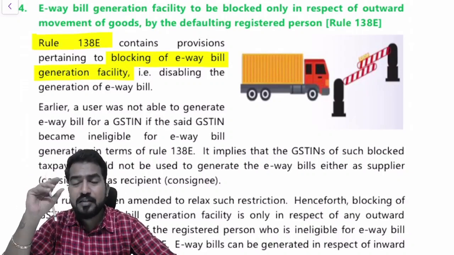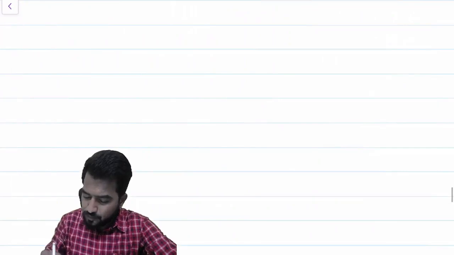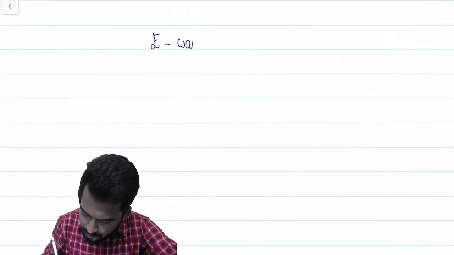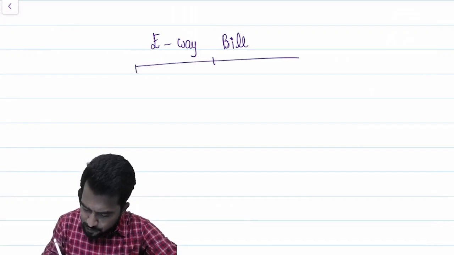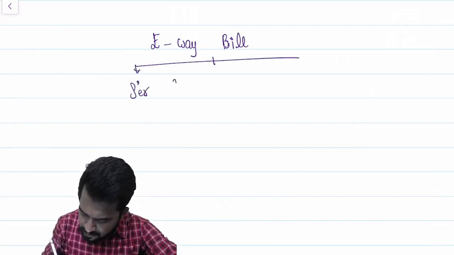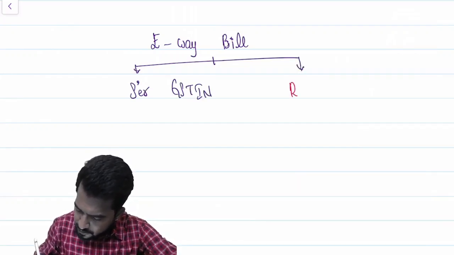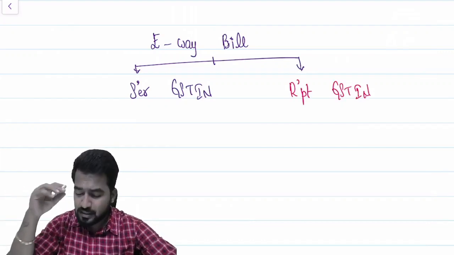And my dear friends, when you are generating an e-way bill, you should give the details of the supplier's GST identification number as well as the recipient's GST identification number. Correct?